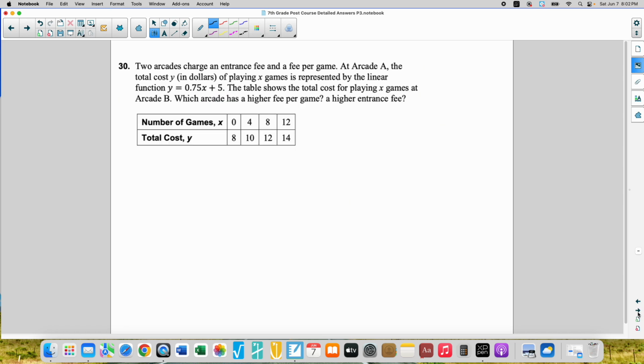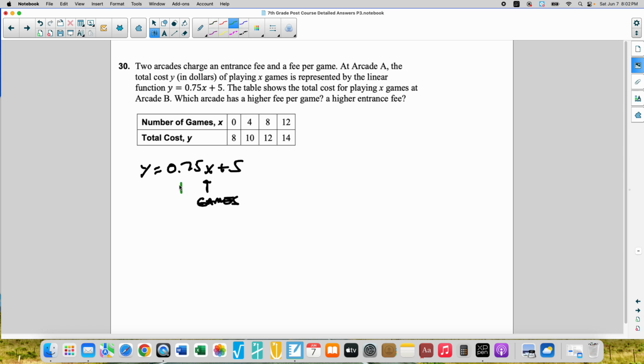Two arcades charge an entrance fee and a fee per game. At Arcade A, the total cost, y in dollars, of playing x games is represented by the linear function y equals 0.75x plus 5. So this x is going to be the number of games.